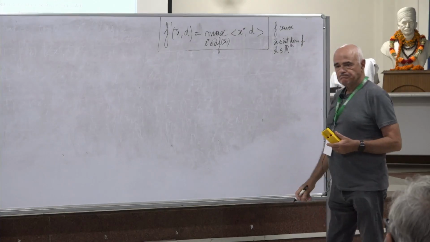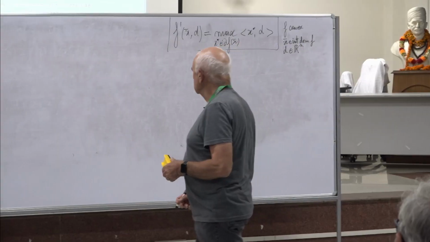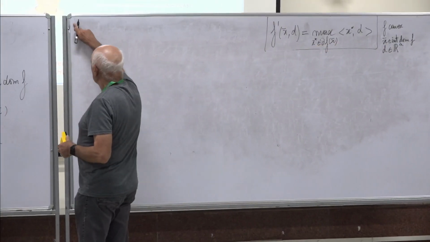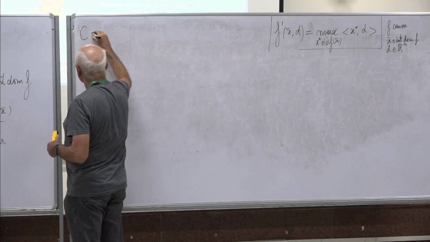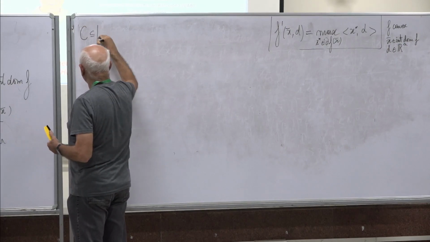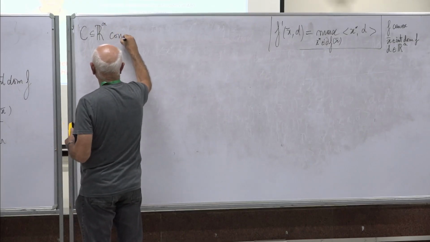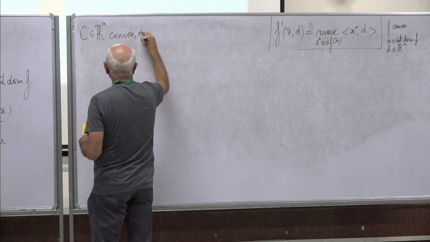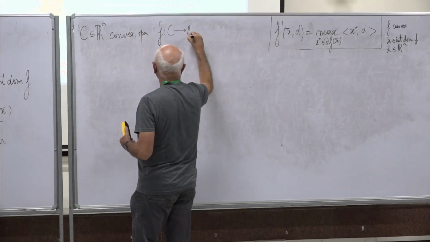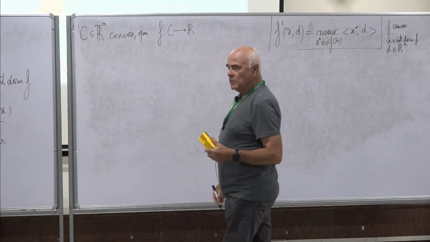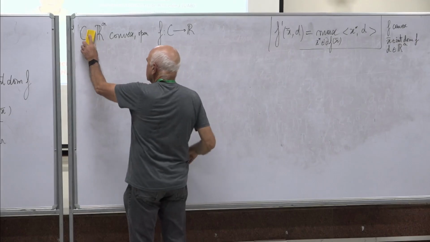Okay? That's the setting. So now, again, assume C is an open convex set, and f is a real valued function on C, or simply you take C equal Rn.